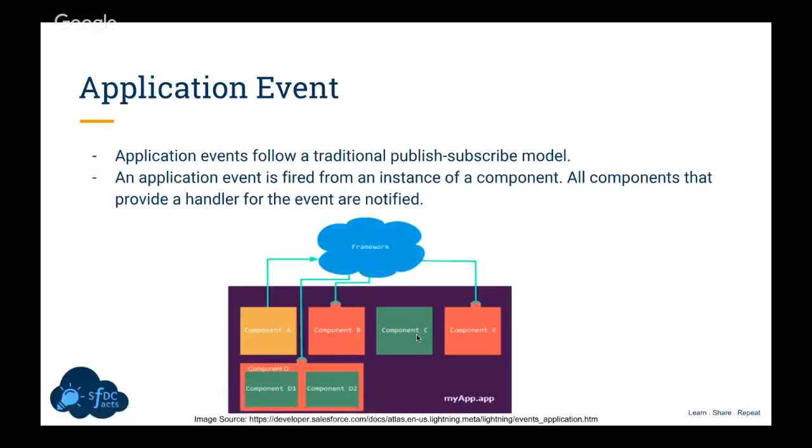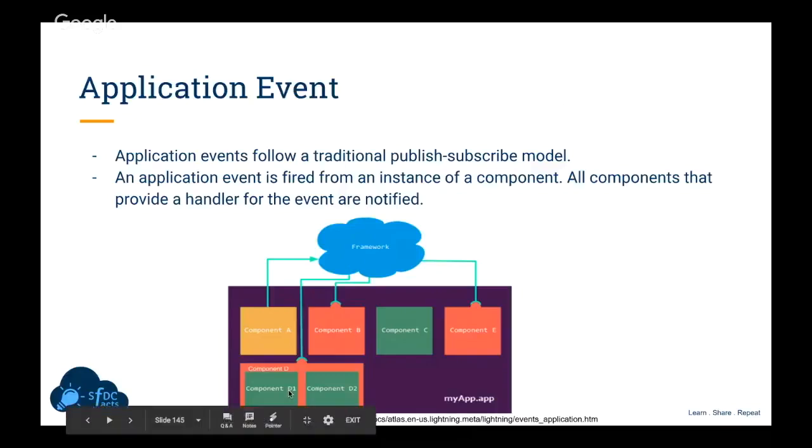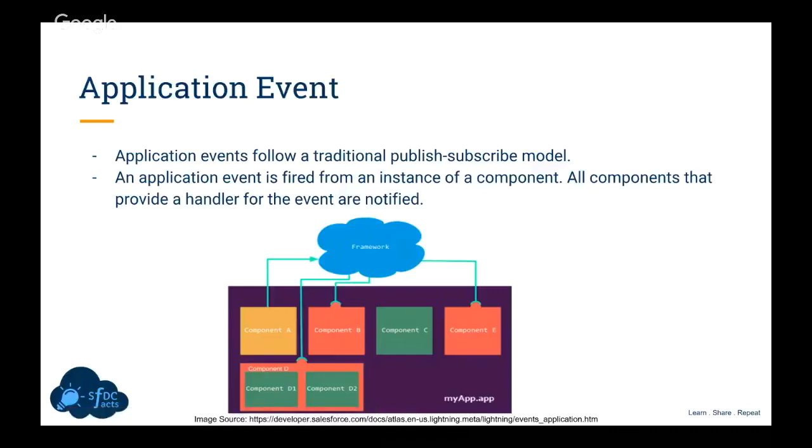But if any of these components is firing an application event, then all of the other components can subscribe to that, or can use a handler to handle that event. So let's say if your d1 component is firing an application event, that can be handled by your d2 as well, a b c e, all these components as well.